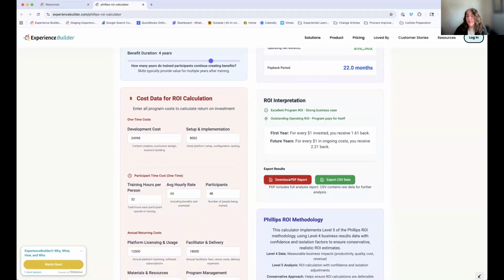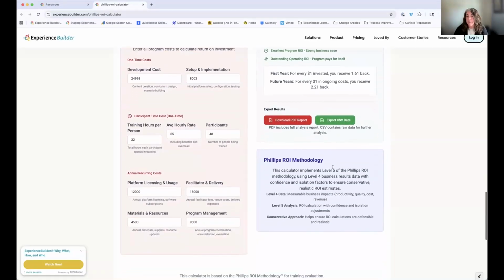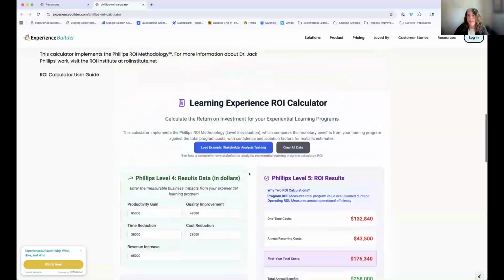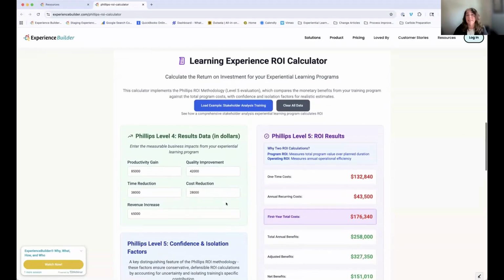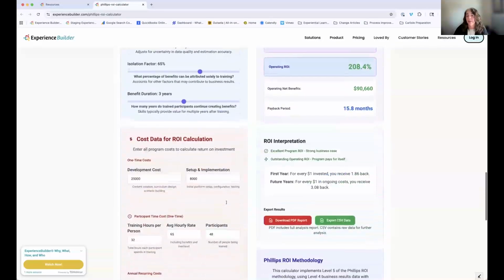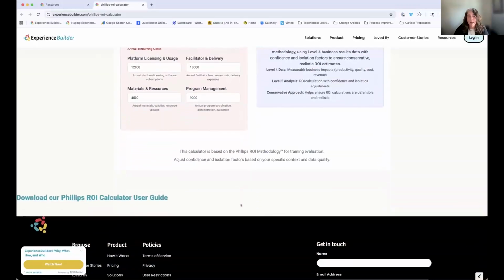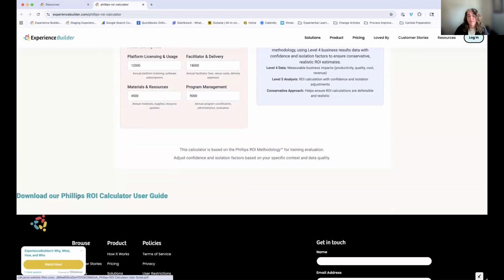And then what you can do is download a PDF report of this or export it to a CSV. It does also give you a little bit more information on the Phillips ROI. And you can do this all day long. The only thing you can't do is save it because it doesn't know who you are. So you've got to download it. The other thing is at the bottom here, there's a download our Phillips ROI calculator user guide.